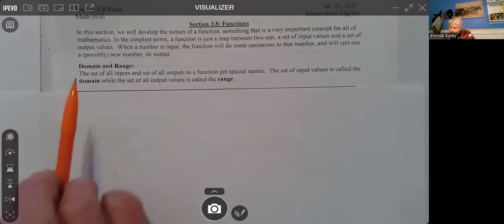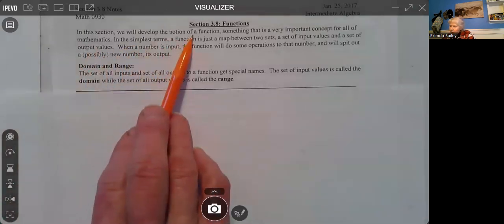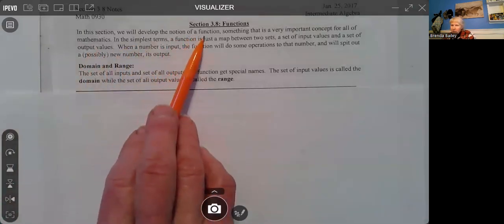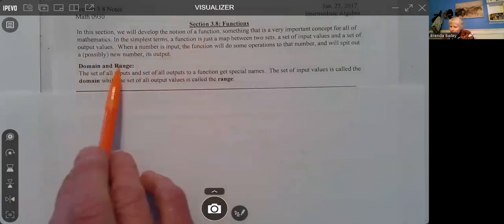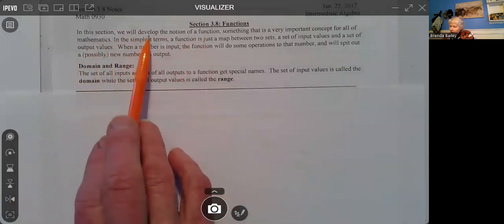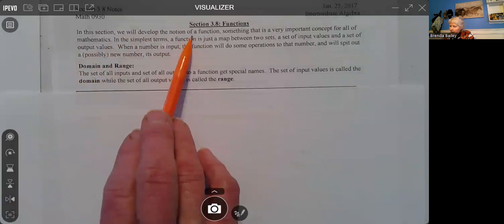All right, so in this section, we will develop the notation of a function. It's going to look a little different, and people have a hard time with it, but I think you'll get used to it. Like I say, it's a cleaner way of looking at an equation and answering questions dealing with an equation. In this section, we will develop the notion of a function.